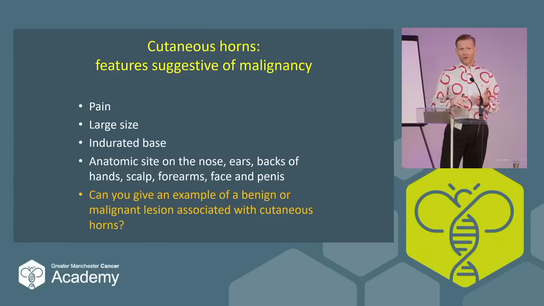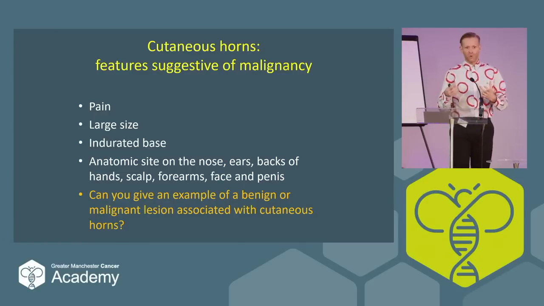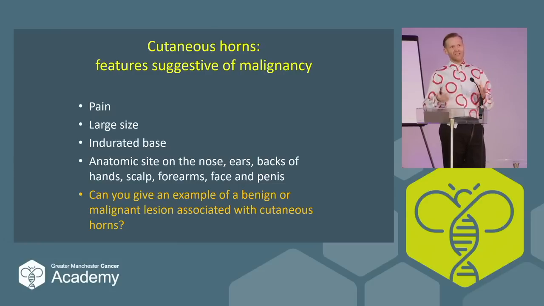If you've got a lesion on the nose or on the ears, on the backs of the hands, the scalp, these are all sun-exposed sites. These are more likely to turn into skin cancers, but that's just because they're on sun-exposed sites. But it's important to think about where the lesion is. If I've got any doubt, do I need to refer this into secondary care? And of course, we'll welcome those referrals when you're concerned.